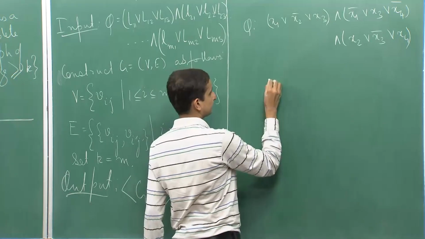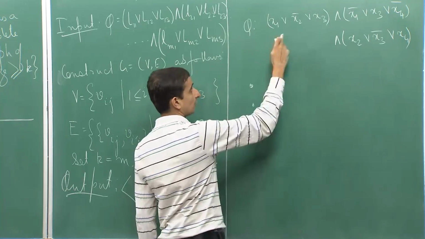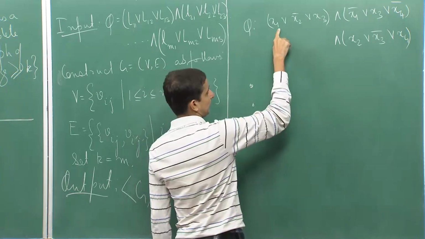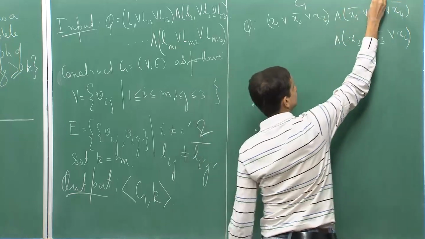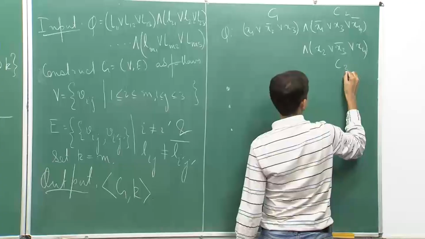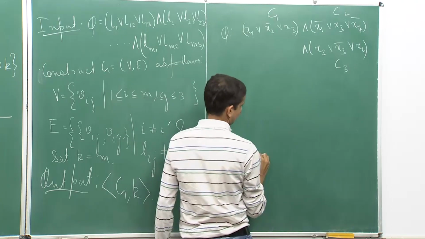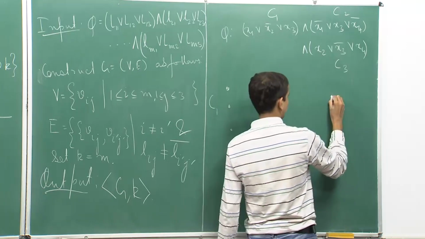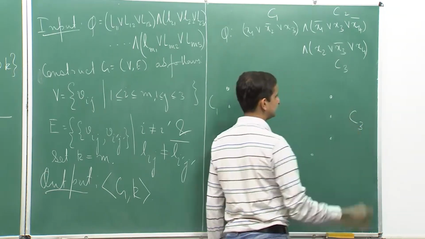So, first I have vertices for all these literals. Let us say this is my clause C1, this is my clause C2 and this is my clause C3. So, this corresponds to C1. Then I have 3 vertices which correspond to C2 and then I have 3 vertices which correspond to C3.